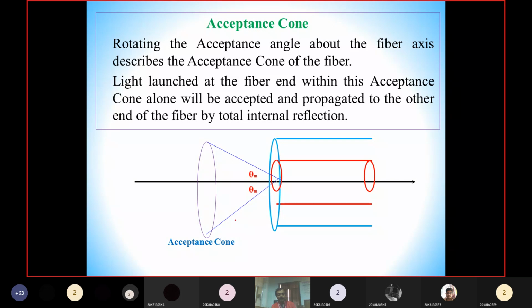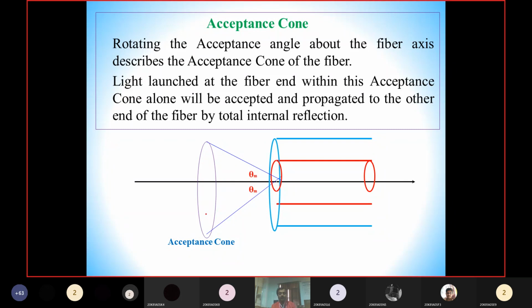Taking the theta m value in all three-dimensional directions, if we rotate this line in three dimensions, it becomes a cone. This cone we call the acceptance cone.